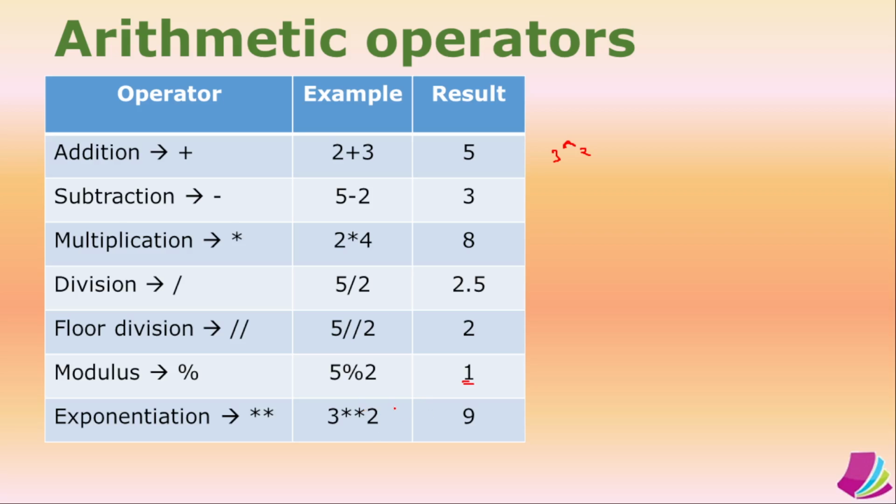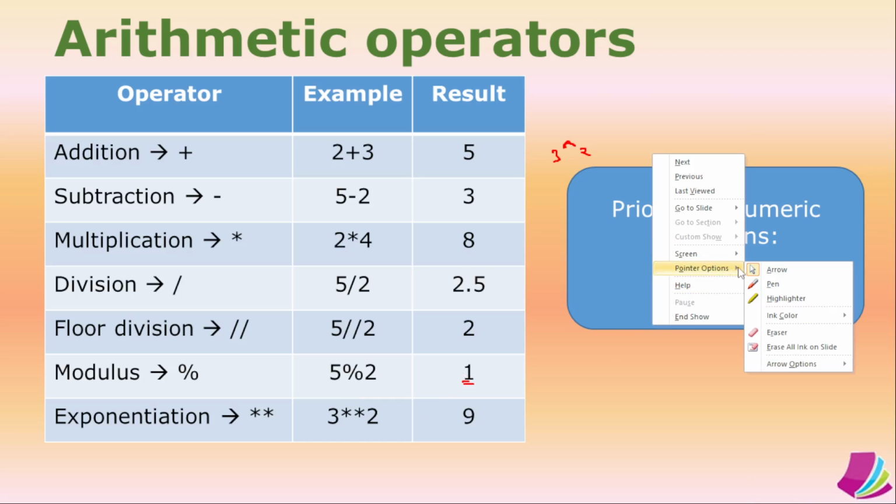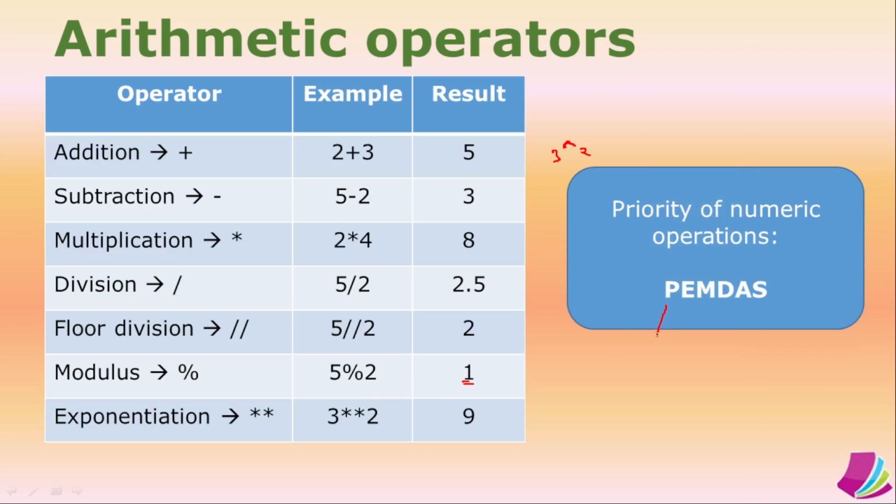When you deal with arithmetic operations in programming languages, you need to understand the priorities of the operations. You can remember the priorities by this simple code word PEMDAS. Here the P stands for parenthesis. The parenthesis is the normal brackets that you use pretty often. This has the highest priority.